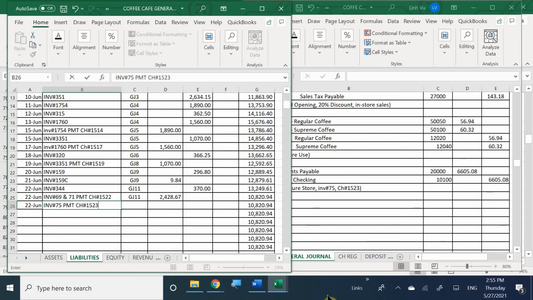There'll be a debit for the 6,605.08. Yes, running balance 4,215.86. Are you on checking right now or accounts payable? We're in accounts payable. We're going in order exactly how we have it in our journal. That's how I taught it, so you don't skip around or forget anything. So in this case, we are in my accounts payable account. It's a good rule of thumb too, because I've skipped something already and had to go back. So just do it all in order.